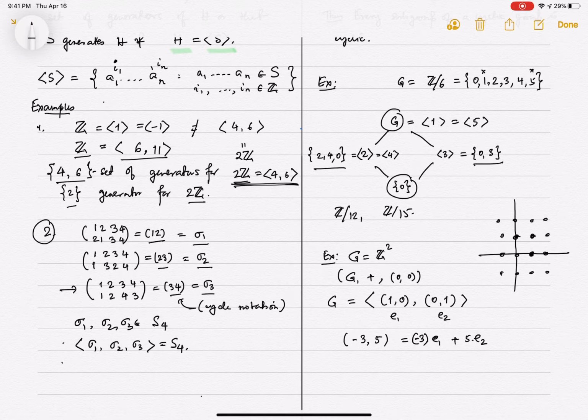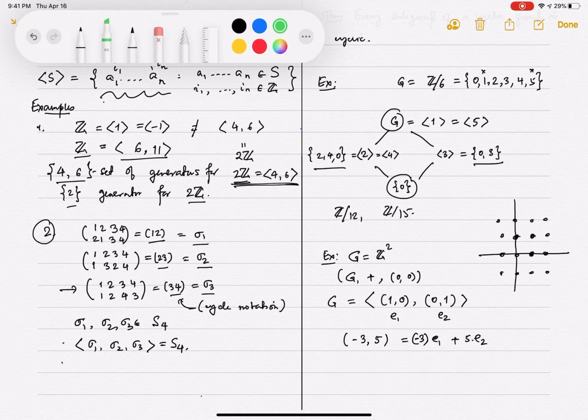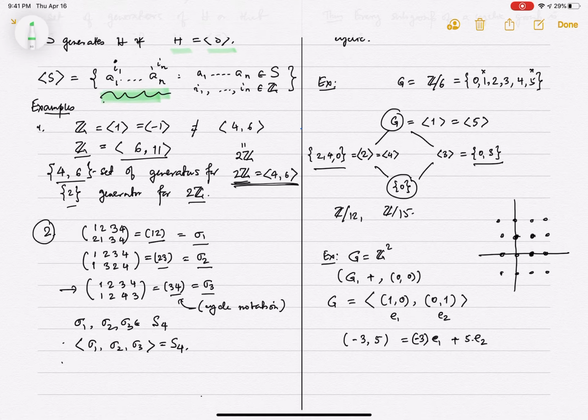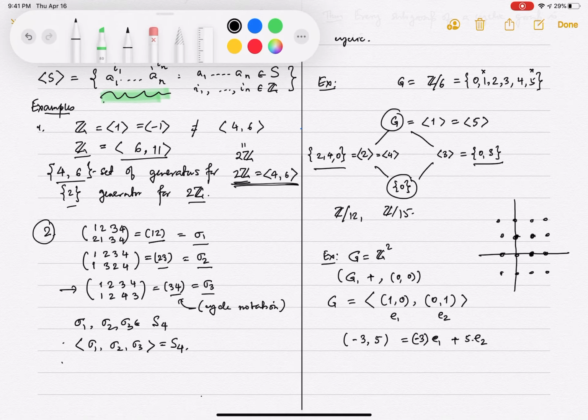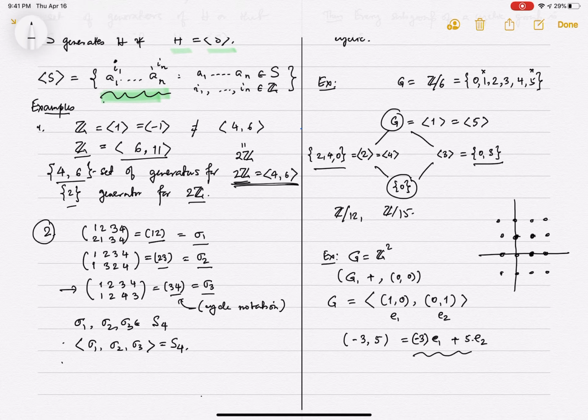Well, that doesn't look like the expression on the left, where we said the group generated by a bunch of things looks like this. But remember that we are talking about additive notation here. So this expression corresponds to the multiplicative notation of E1 to the -3 times E2 to the 5. In the multiplicative notation, we would have written it like this. But now, instead of a dot, we have a plus.